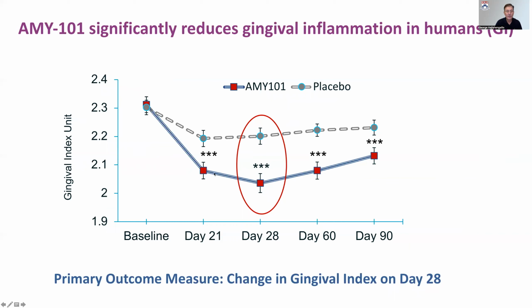That was obvious from day 21, but this protective effect persisted for several weeks after completion of the treatment, and at least 19 days after the initiation of the treatment, the treated sites had significantly less inflammation than untreated sites. At day 28, that was the primary outcome measure. And as you can see, there was a huge difference between treated and untreated sites.